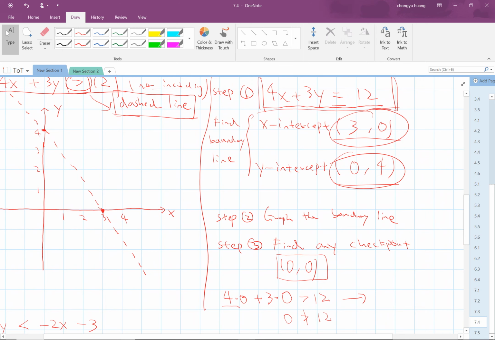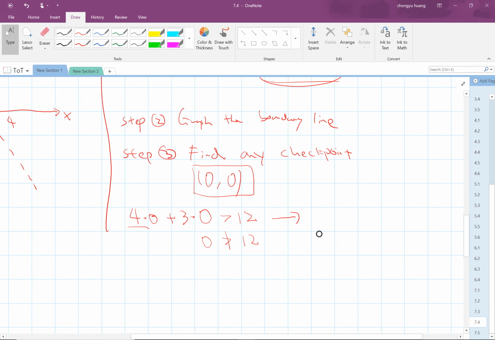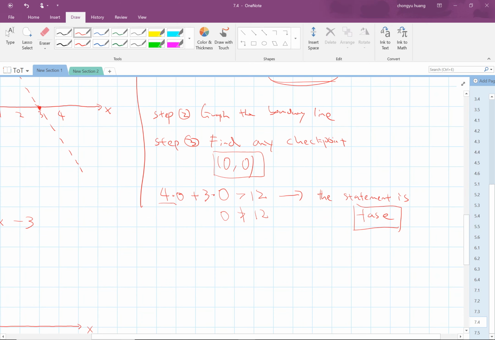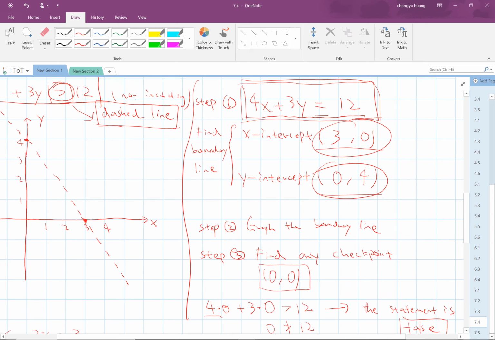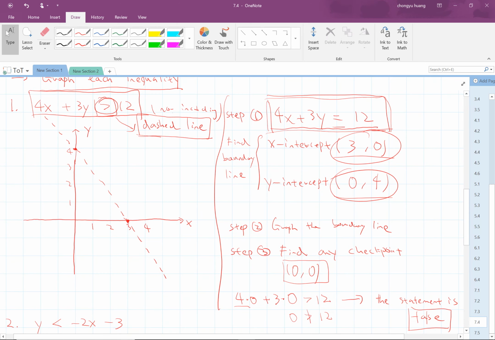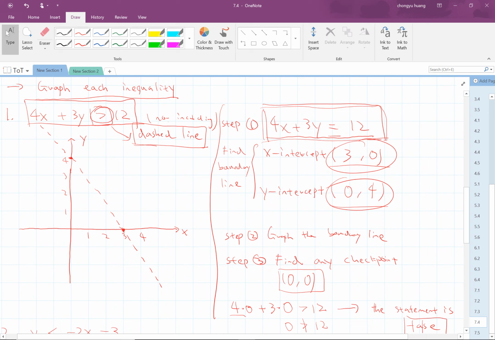Since the statement is false, we have to shade the other half plane, not including the point 0, 0.